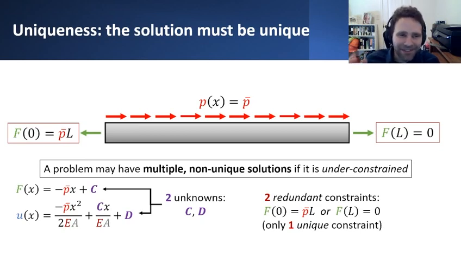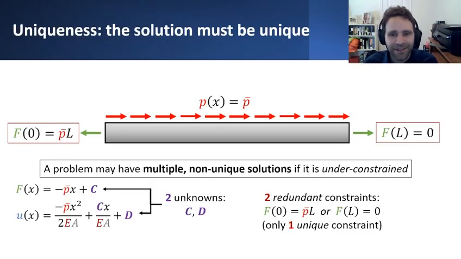Unfortunately, it turns out that if I choose to prescribe only force boundary conditions at both ends of this member, I will have 2 constraints, but it so happens that they'll be redundant. They tell me more or less the same information, and there's nothing that really helps me solve for that second constant of integration, d, in order to make the solution for the displacement field unique.